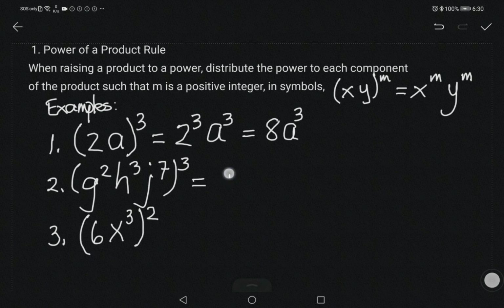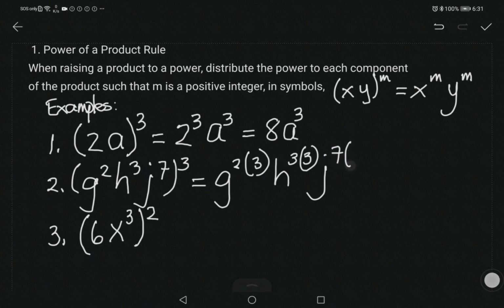So g squared times 3, h cubed times 3, then j raised to the power of 7 times 3.